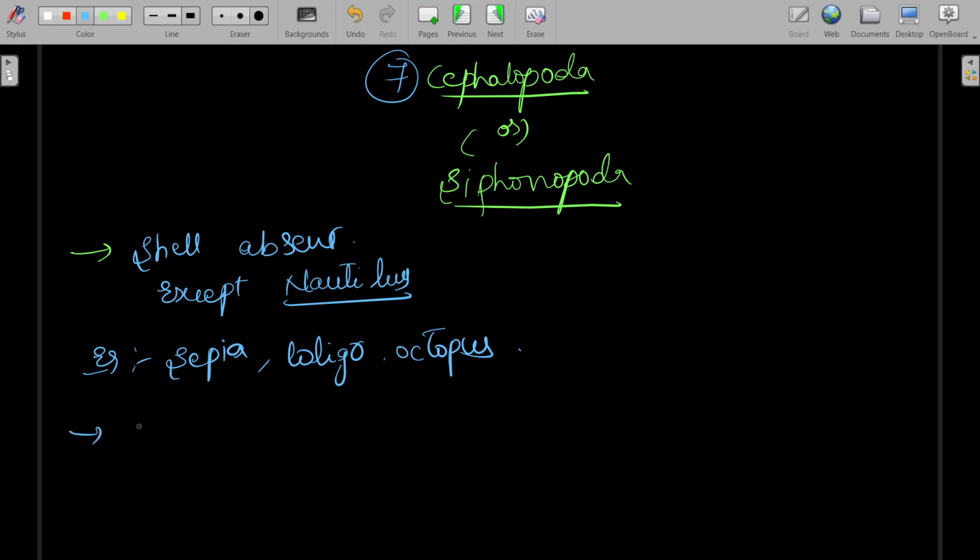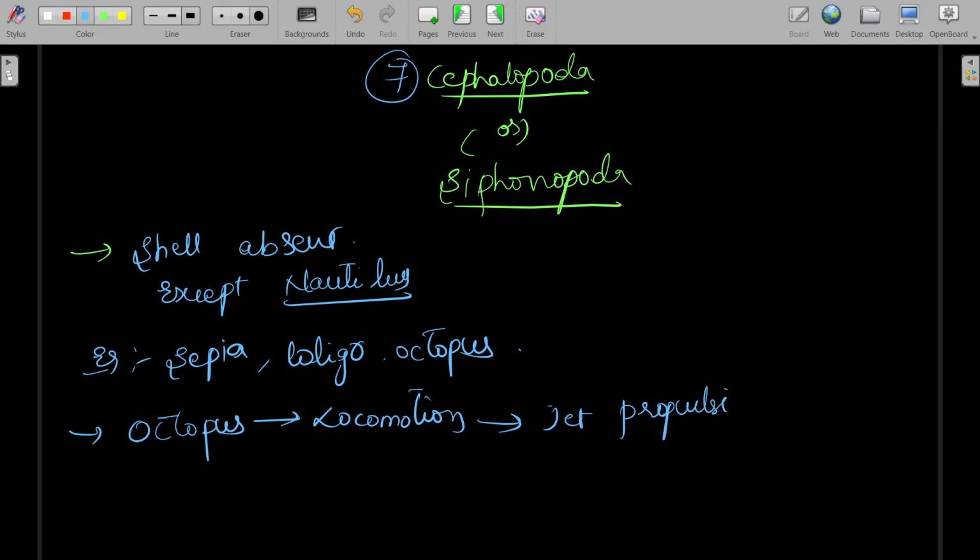In octopus, locomotion is carried out by jet propulsion. So what is jet propulsion? Water is expelled through the siphon like a jet.